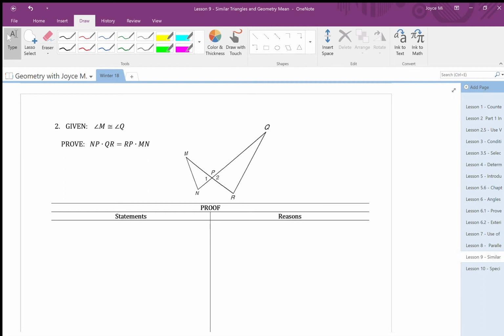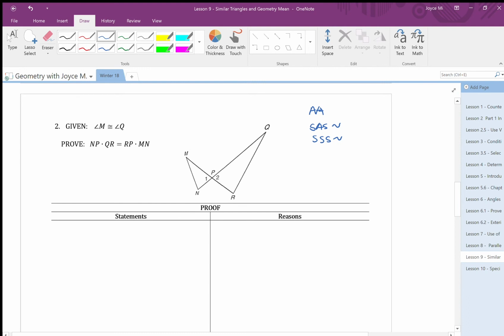In class, we learned that two triangles are similar if we can show that AA, two angles in two triangles, are congruent. We don't need three. We can also use SAS similarity, and SSS similarity, where all the sides are proportional.